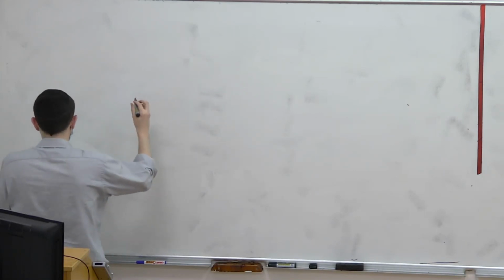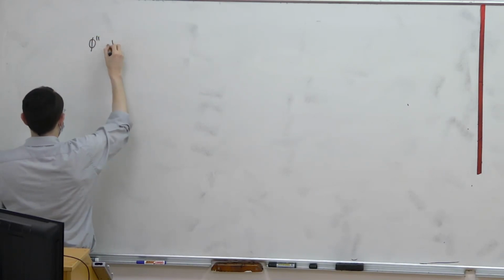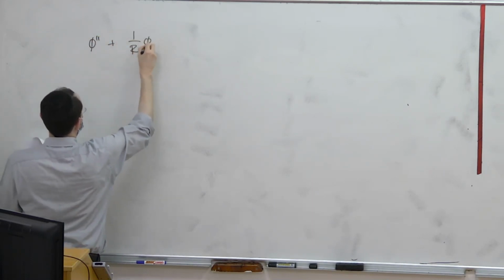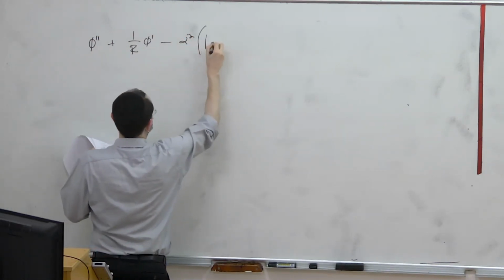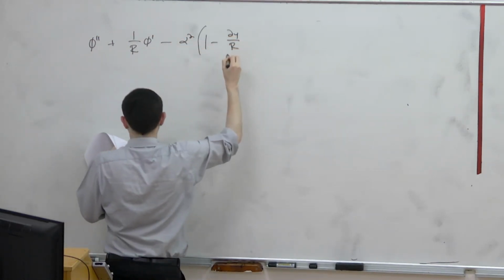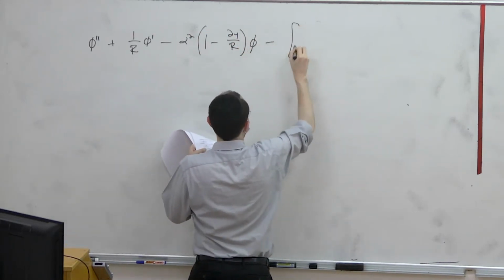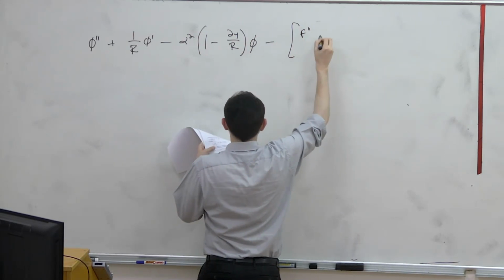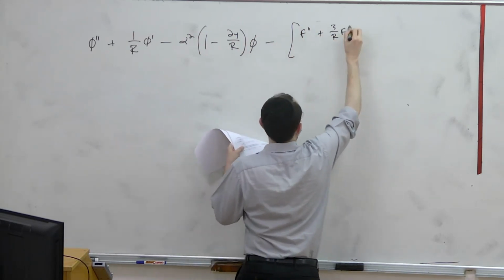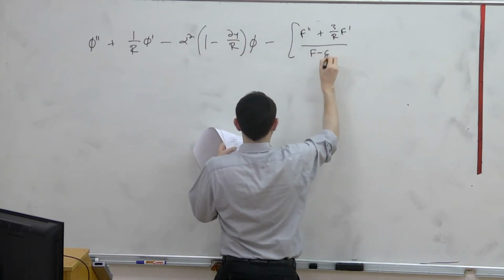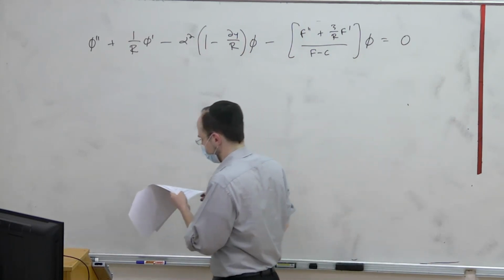So then we end up getting an equation that looks like this: phi double prime plus 1 over r phi prime minus alpha squared (1 minus 2y over r) phi minus (f double prime plus 3 over r f prime) f minus c phi equals 0.